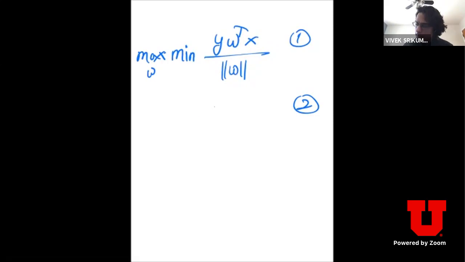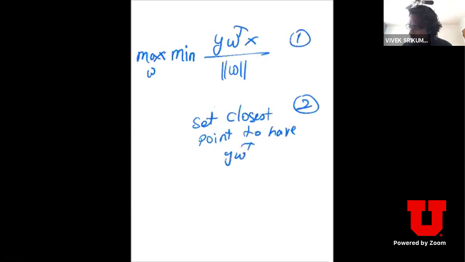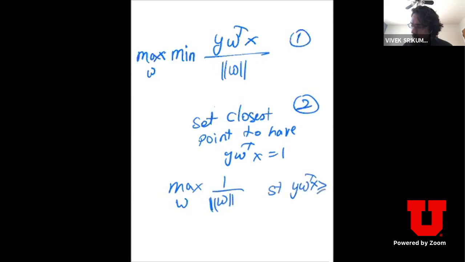So instead, let me get rid of this min and set the closest point to have Y W transpose X equals 1. This means we maximize over W 1 over the norm of W, such that Y W transpose X is greater than or equal to 1 for every example.